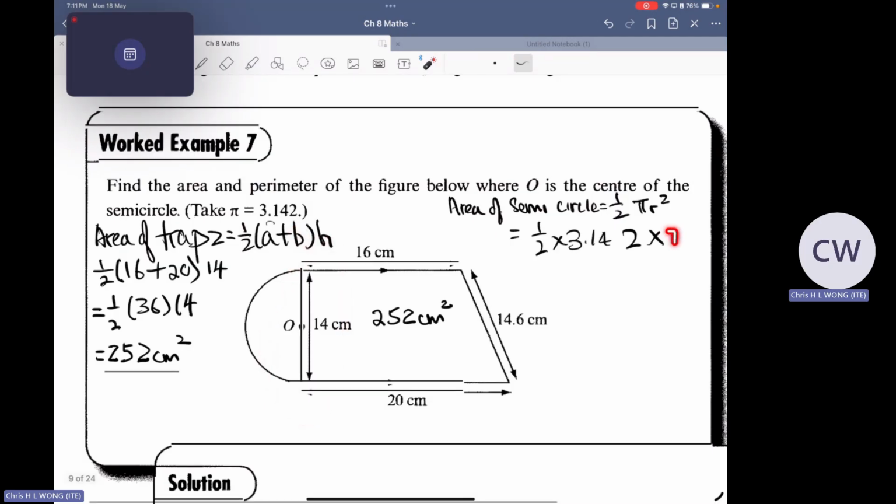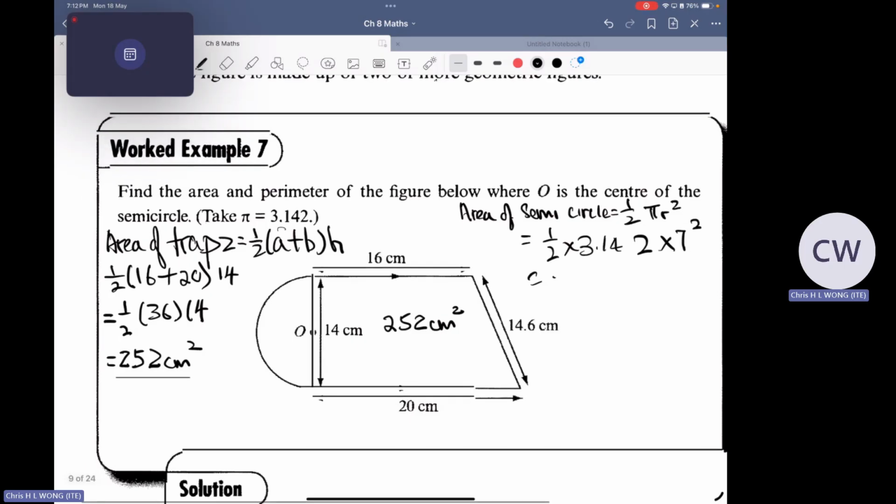Times 7 square. So you have 3.142 times 49 divided by 2. 76.979.